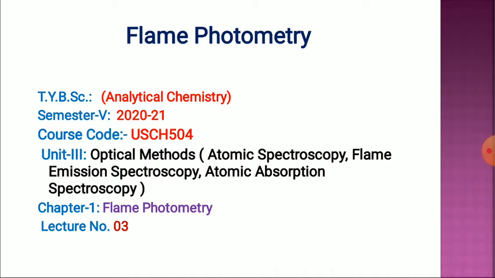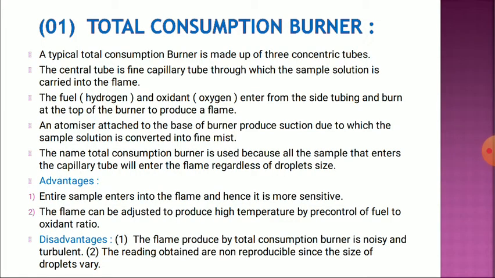In that we have seen the temperature of the flame is controlled by various factors. Now we are going to study the two types of burners: the first one is the total consumption burner and the second type is the premix or laminar flow burner.